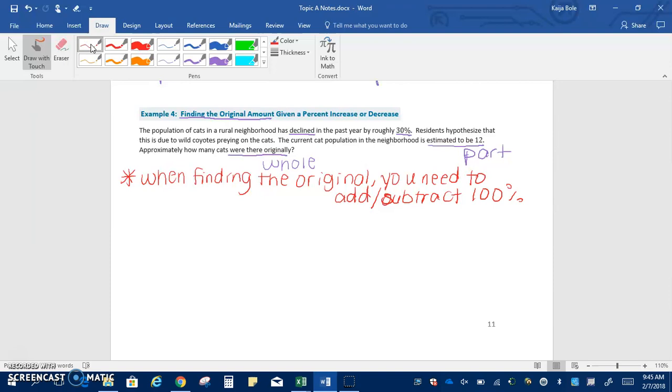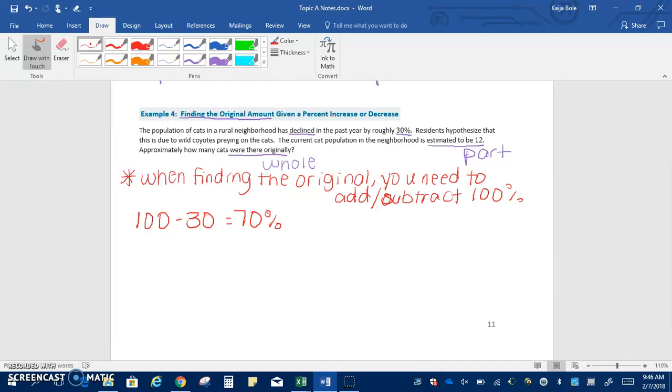So it declined in the past year by 30%. So that means we're going to do 100 minus 30 to get that 70%. And this 70% goes with the whole portion that we're looking for.